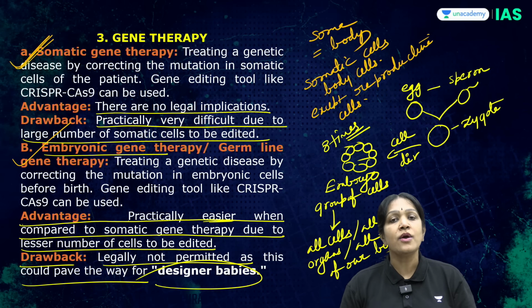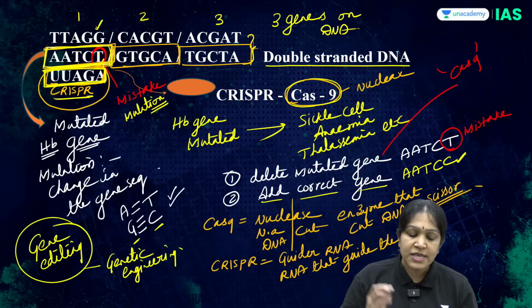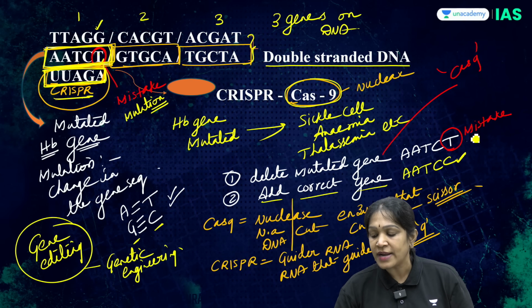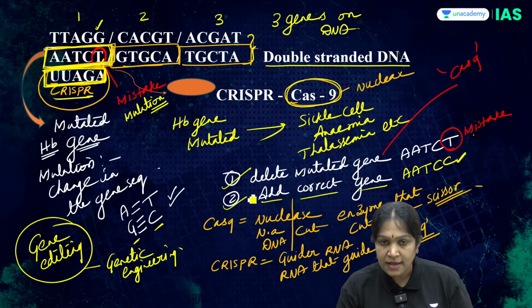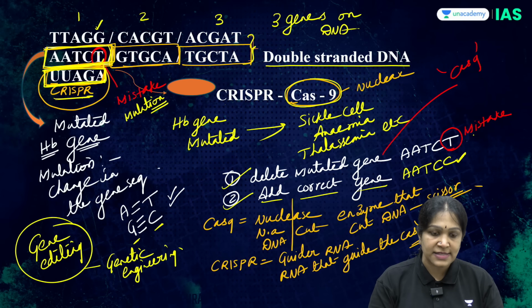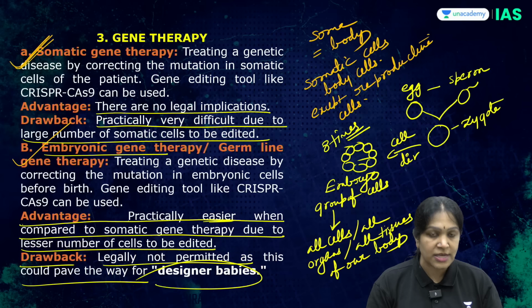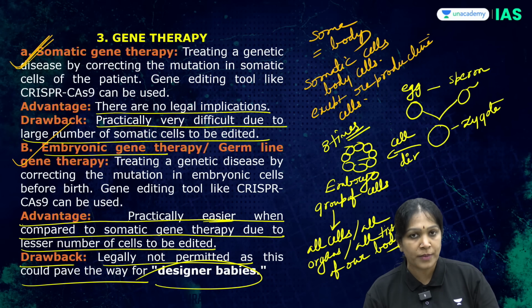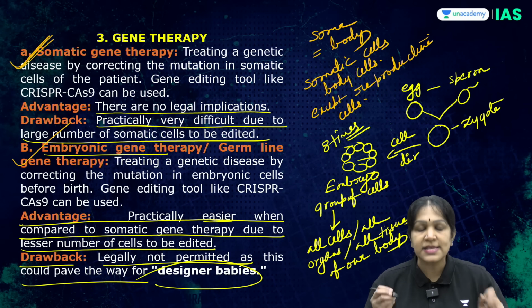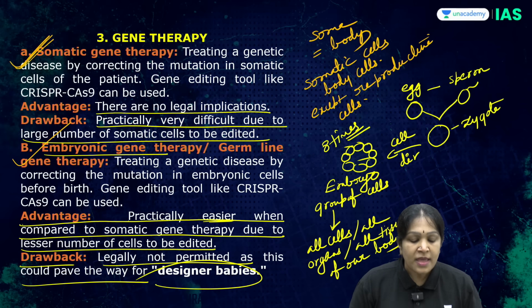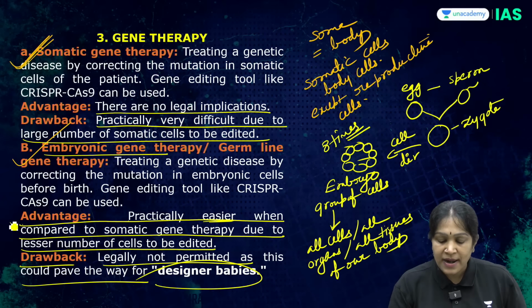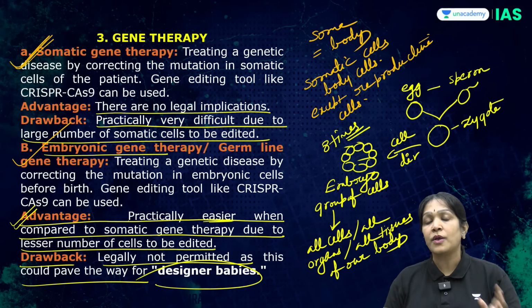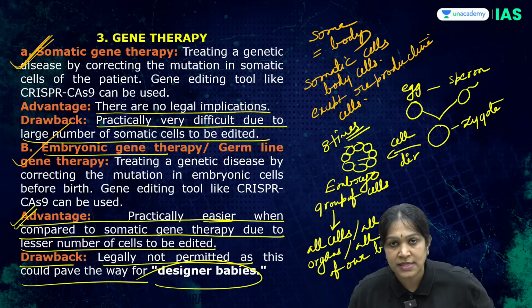Okay, and embryonic gene therapy, the procedure is the same: delete the mutated gene, add the correct gene, but using CRISPR-Cas9. If I do this technology in the embryonic cells of the human body, then that is called embryonic gene therapy. Embryonic gene therapy advantage is it is easy because you don't have trillions of cells in the embryo.